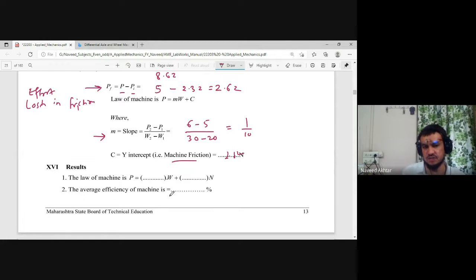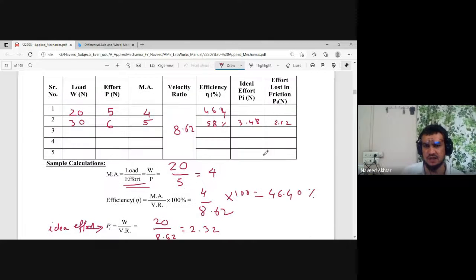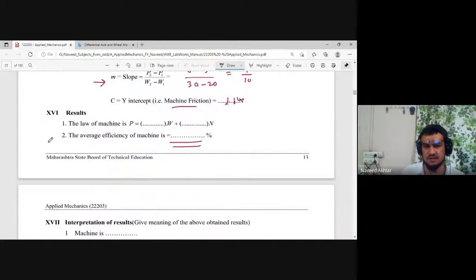The average efficiency of the machine: you can calculate the average of all the readings, and then write the result.